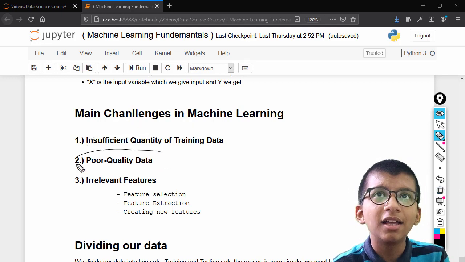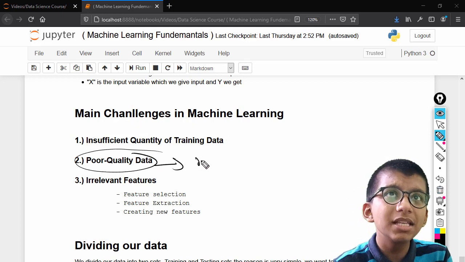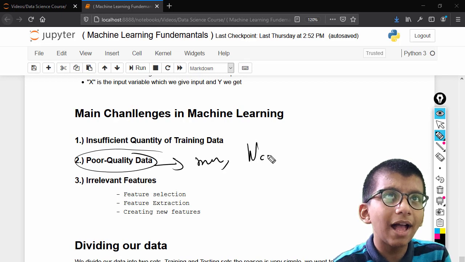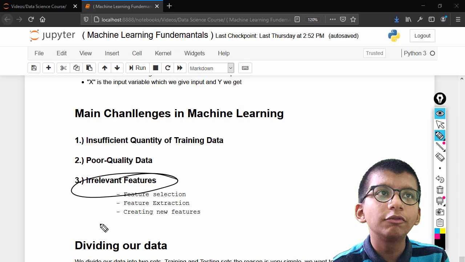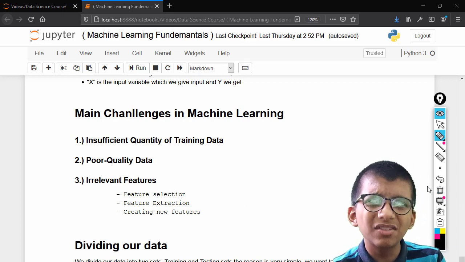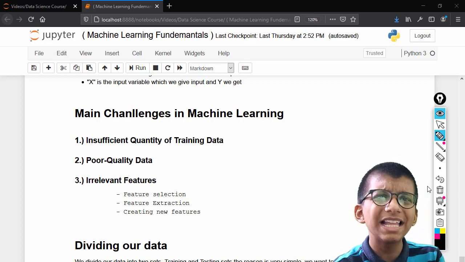Poor quality data means we have missing values, null values, and all those kinds of things. Irrelevant features means we have features that are less important.